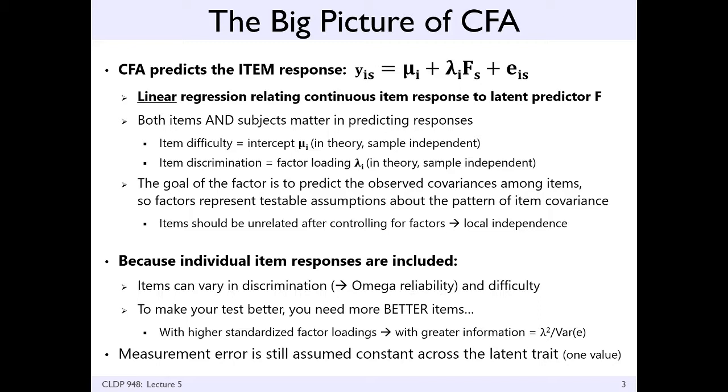And then we talked about CFA. CFA changes the ballgame into an item level model. Now we have a separate trait that is not just the sum of the items. Each item is characterized by three things: intercept, loading for how related it is to the trait, and error variance for how much of its total variance is due to not the factor as opposed to the factor.